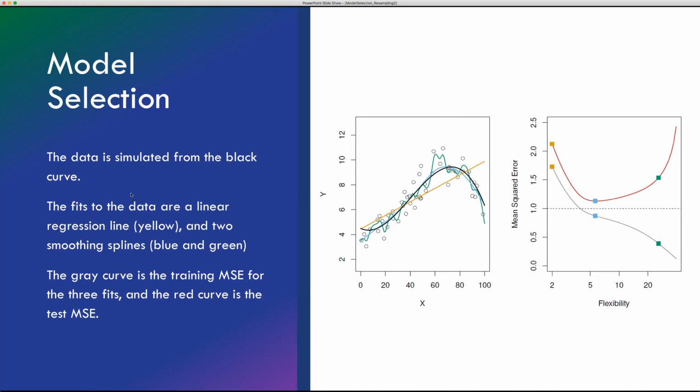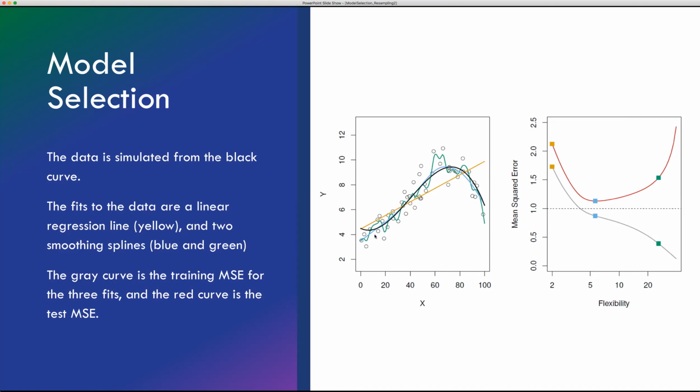So here I have an example where I use simulated data, where the data, these circles, are simulated from the true model, this black curve. This is the true underlying model. For the fits to the data, we use a linear regression, like this yellow straight line.